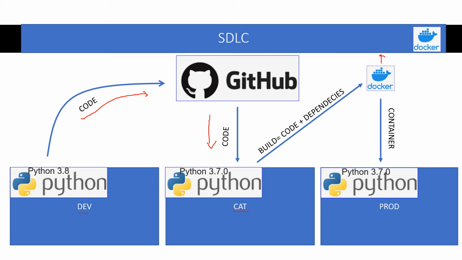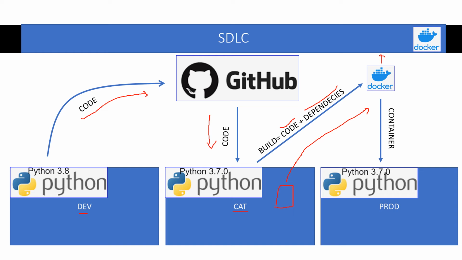So you are going to build a container that is going to have the code, and that is also going to have all the dependencies. So if a particular app works here, you are going to ship the same thing to Docker with all its dependencies.